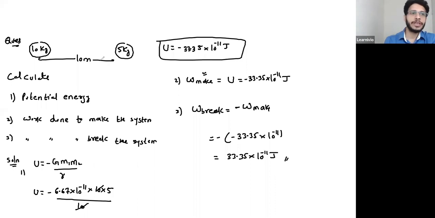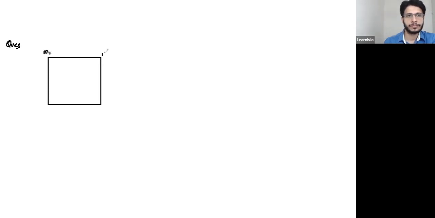So that was potential energy for a system having 2 masses. But instead of 2 masses, if you have a system having 3 or 4 masses, let's calculate potential energy for a system having 4 masses. Let's say we have a system having 4 masses, M1, M2, M3, M4.